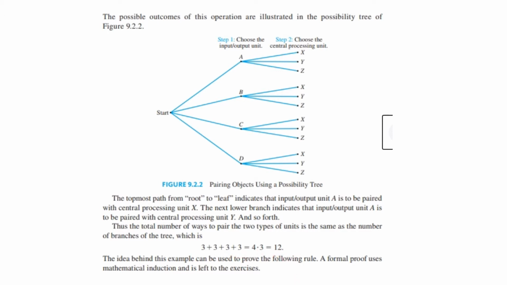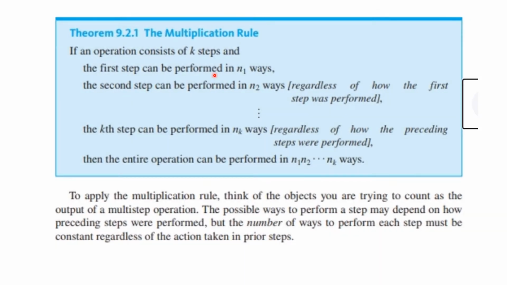Now that is the fundamental idea behind this theorem, which is called the multiplication rule. It is a theorem, and you can prove this using induction on K. So anyway, let's talk about what the theorem says.